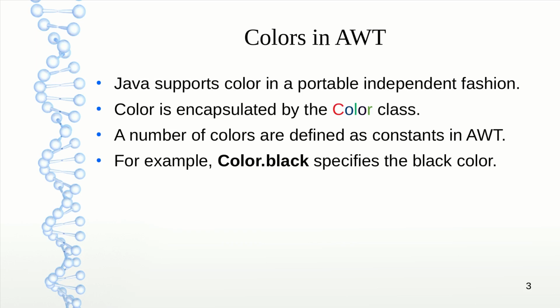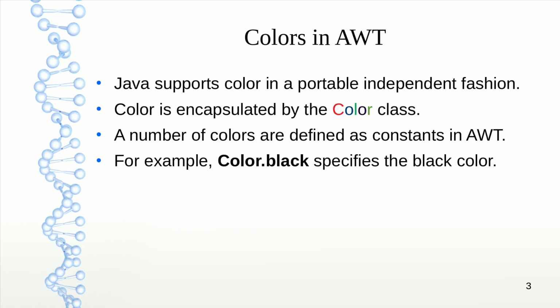Java supports colors in a portable, independent fashion, and we know that Java is a portable, platform-independent language, and the color schemes that Java handles should not be dependent on the underlying platform. The different color models and the color methods are encapsulated by the class called Color.